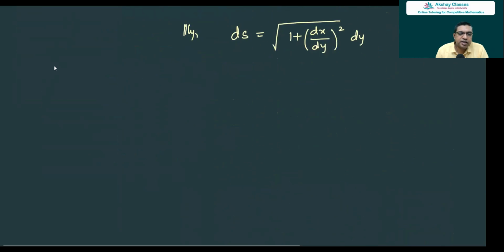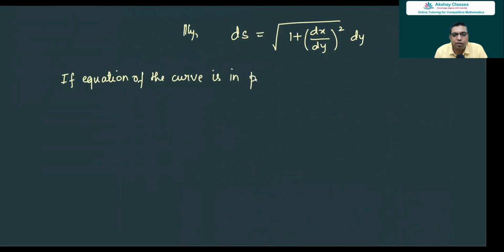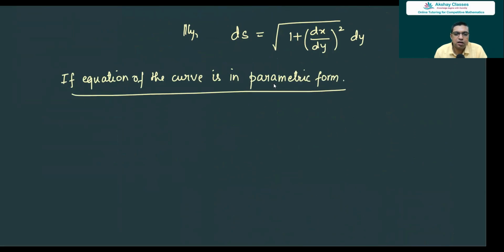Now, next, sometimes the equation of the curve is in parametric form. Parametric form: x is equal to x of t, some parameter, and y is equal to y of t.